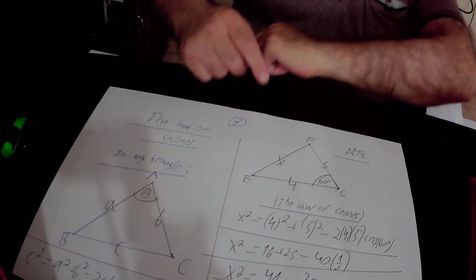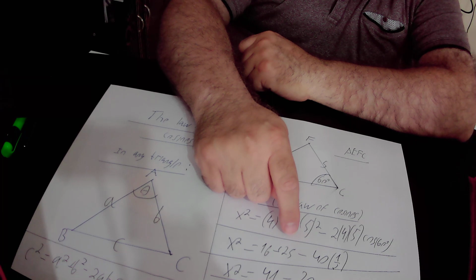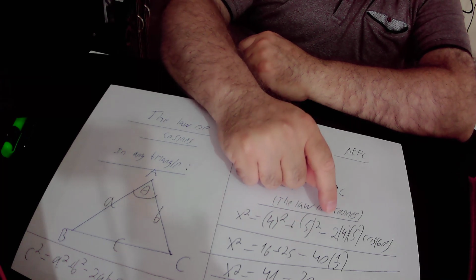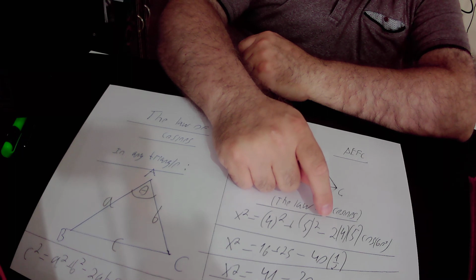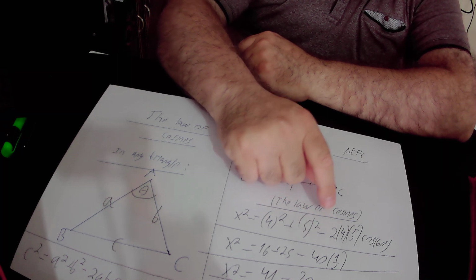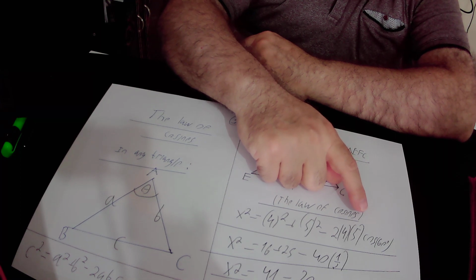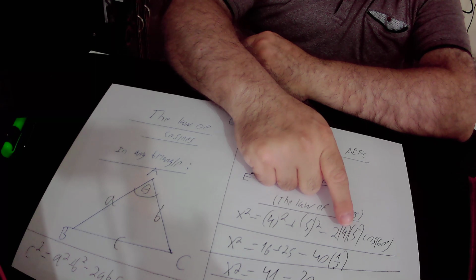So here, x squared equals 4 squared, that is 16, plus 5 squared, that is 25, minus 2 times 4 is minus 8, and minus 8 times 5 is minus 40. And here we also have cosine 60 degrees, which equals 1/2, so we substitute cosine 60 degrees by 1/2.